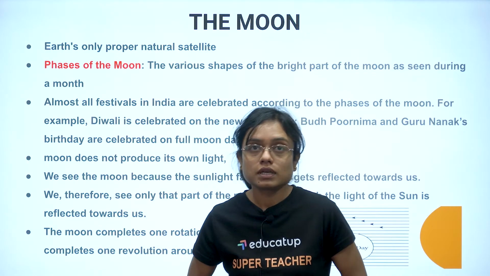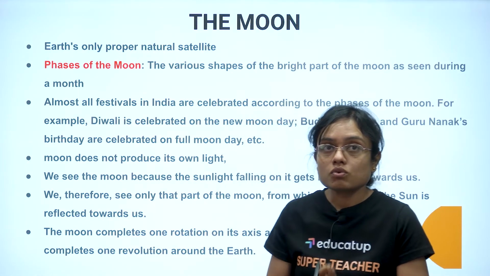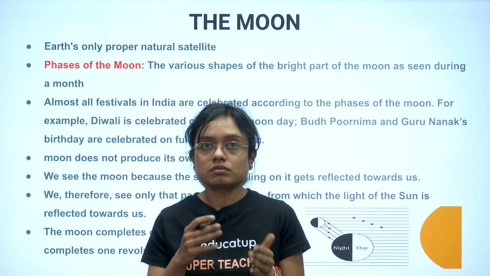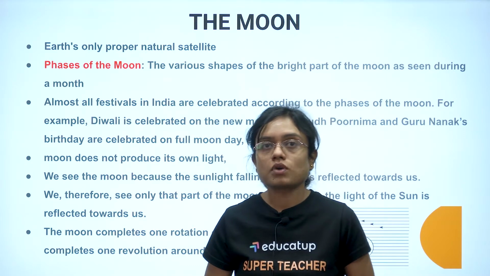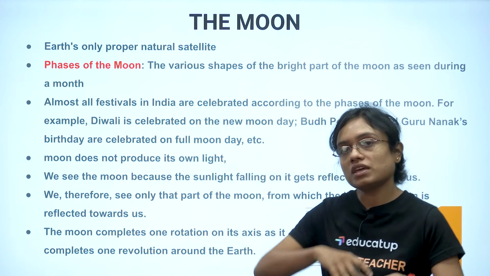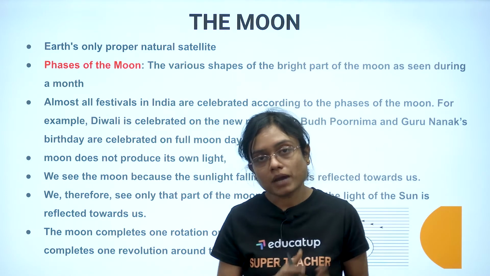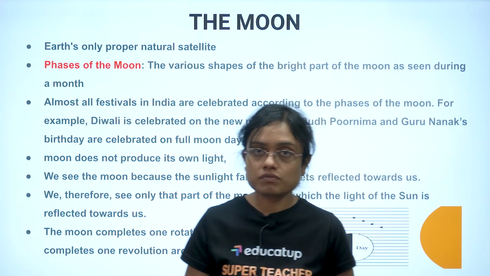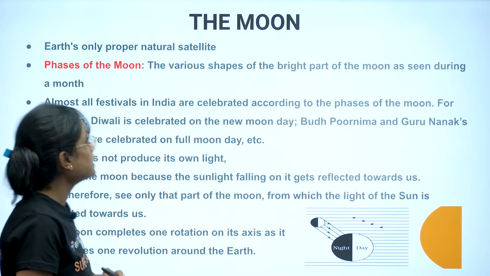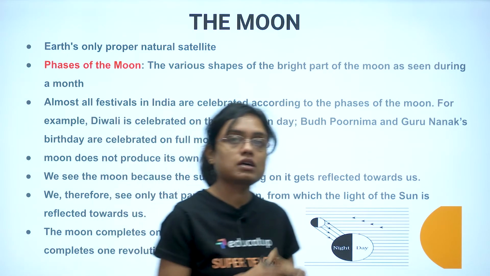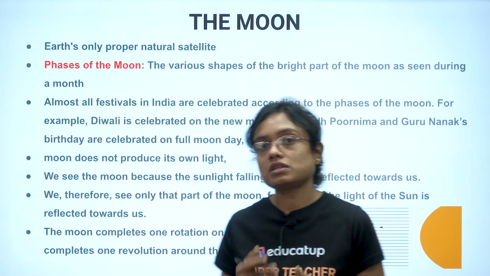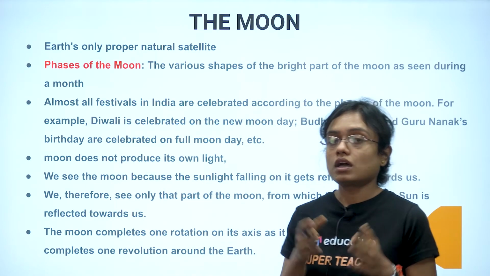Now the moon. It is Earth's only natural satellite. Phases of the moon: the various shapes of the bright part of the moon are known as phases of the moon. Almost all festivals in India are celebrated according to the phases of the moon, for example, full moon and new moon.